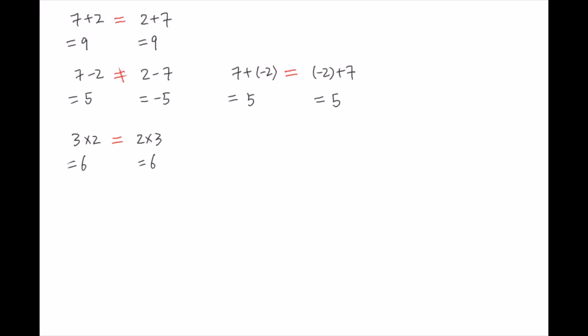Let's see the division. 3 divided by 2 and 2 divided by 3. On the left side equals 1.5. On the right side equals 2 over 3. So these two sides are not equal to each other.